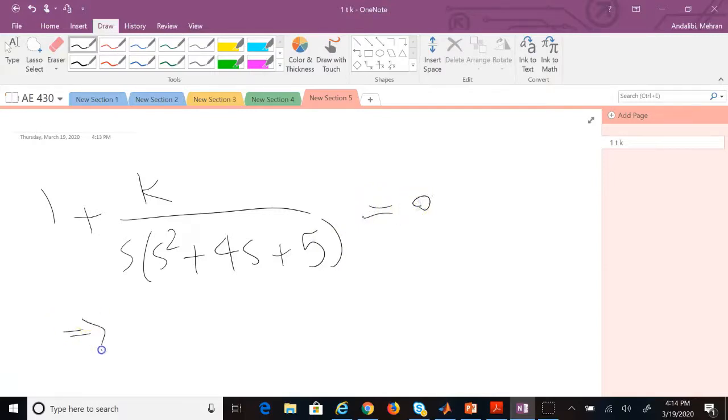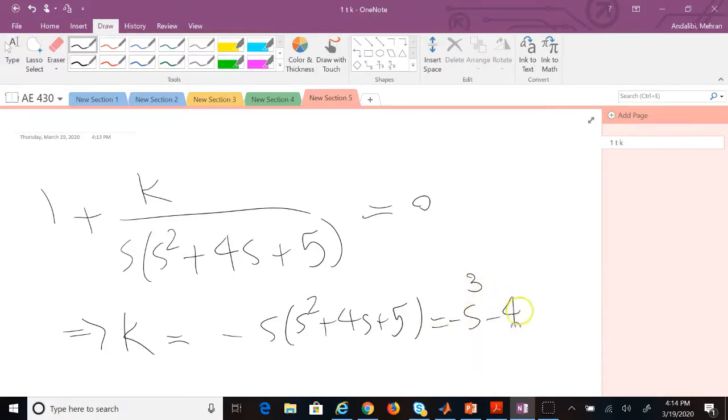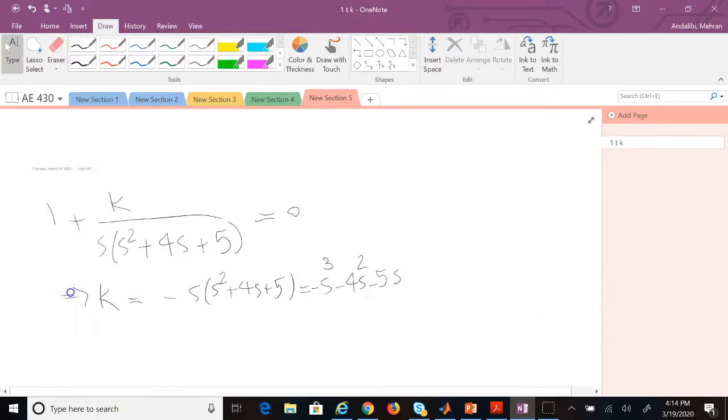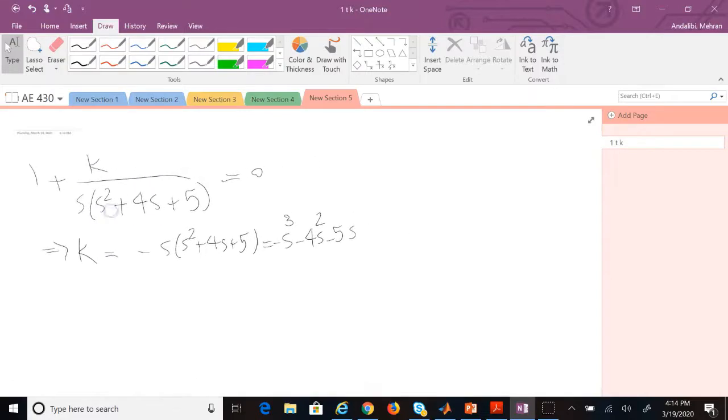If I find K from here, I take 1 to the other side and cross multiply. It's going to be negative S times S squared plus 4S plus 5. And if I expand it, it's going to be negative S cubed, negative 4S squared, negative 5S, right? So I found K as a function of S. That's the goal, this function here.